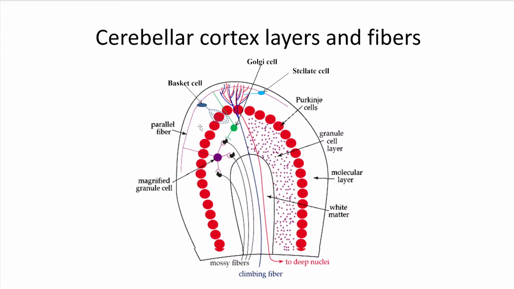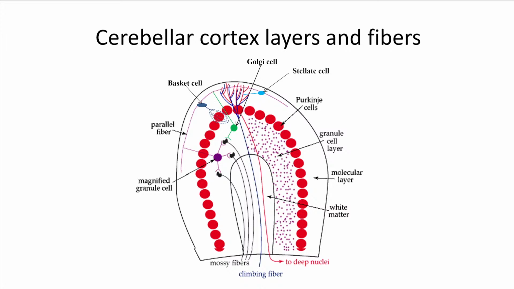So first of all, on the bottom of the image you see the inputs. There are 2 sources: mossy fibers and climbing fibers. And we see that there are multiple layers. The outermost layer of the cerebellar cortex is called the molecular layer, first of all because it is nearly cell-free.